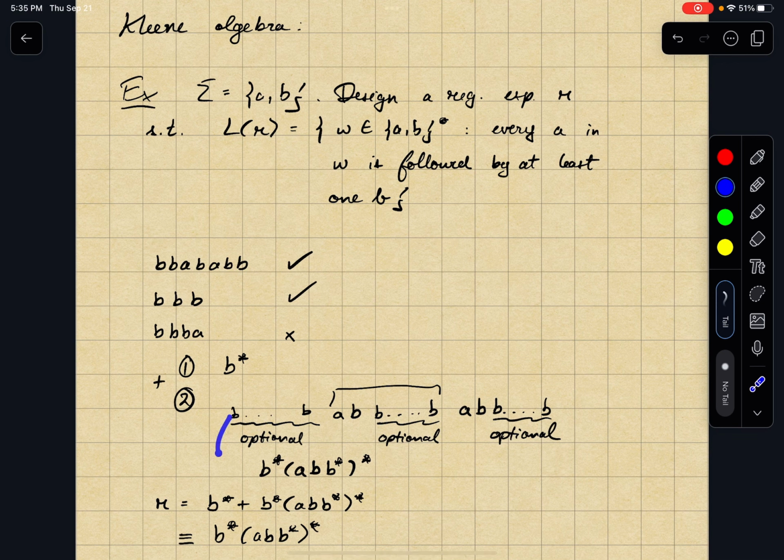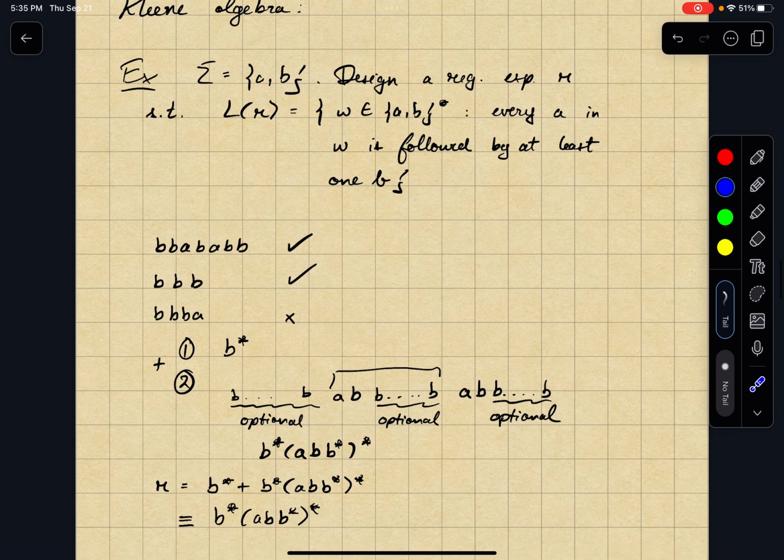Let's write that down as a regular expression. You can start with any number of B's, and those are optional. Then once you do have an A, you must have a B, and then you can have some extra optional B's. And then that pattern can repeat any number of times, which is why I have a star here.